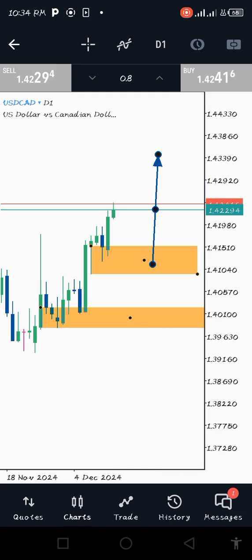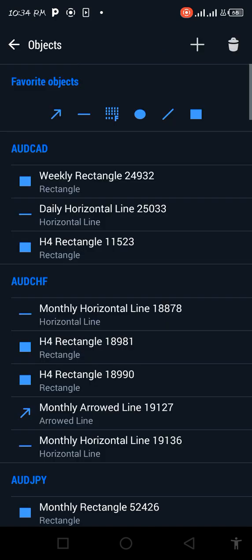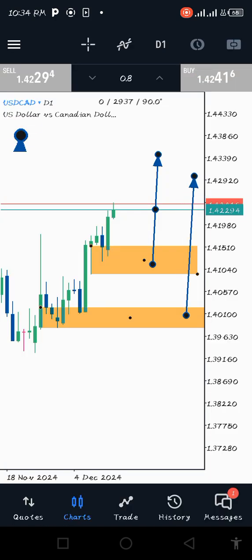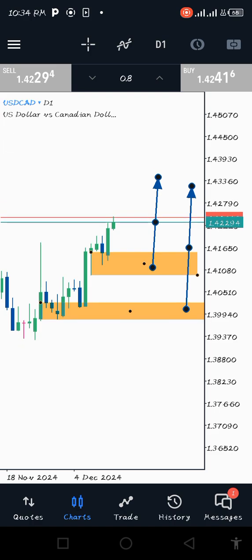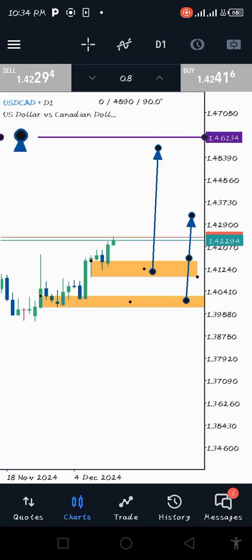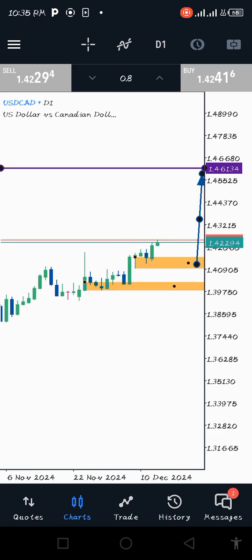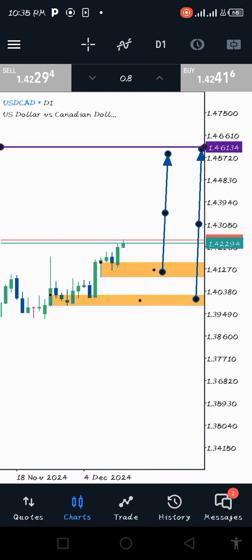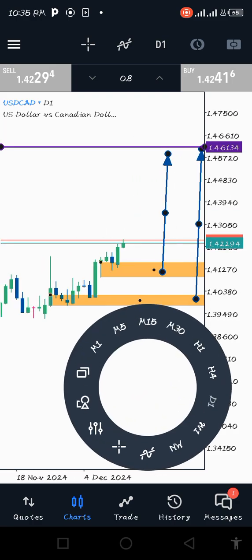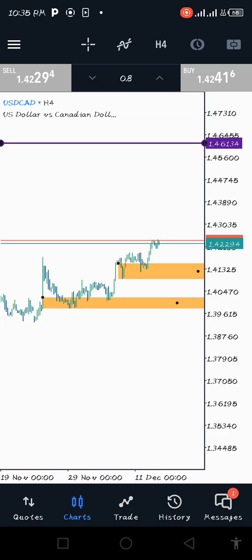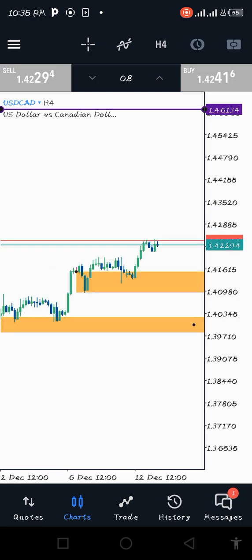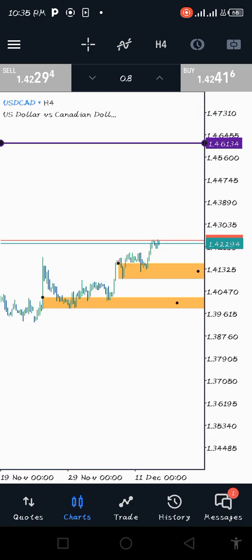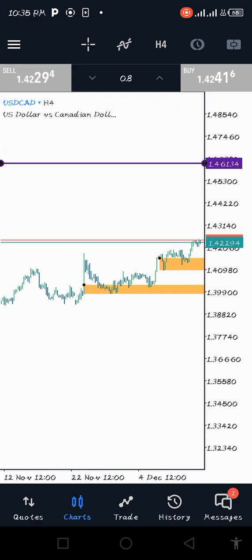So if I can put another line from the second zone, it is something we can hold into this line. Basically. Simple. So we are done with that pair. Let's move to the 4-hour time frame for refinement, and we move to the next pair. Basically, I think we are good.